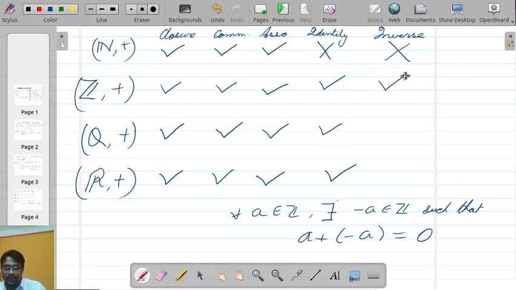So what is the property of -a? It is satisfied by the set of integers with respect to addition. It is also satisfied by the set of rational numbers with respect to addition, because if you are given a rational number p by q, and add it to -p by q, the answer you get is 0, right?